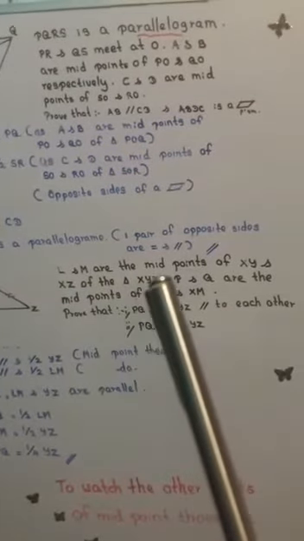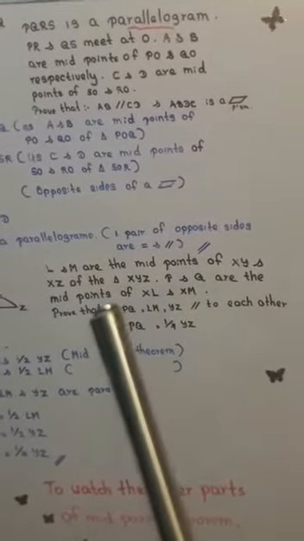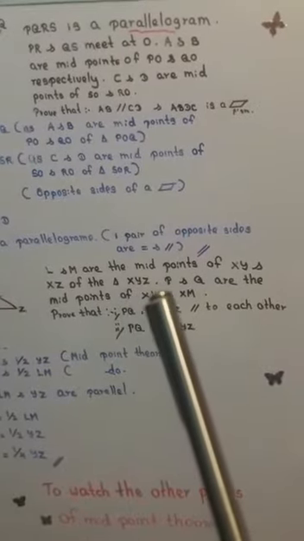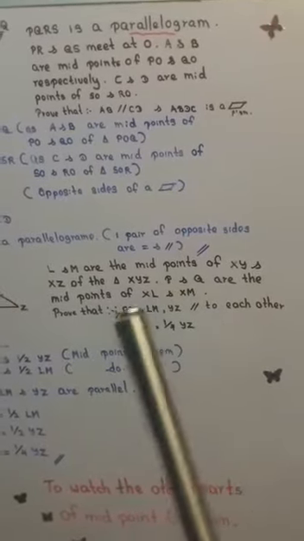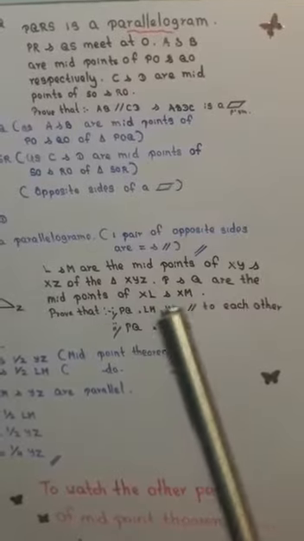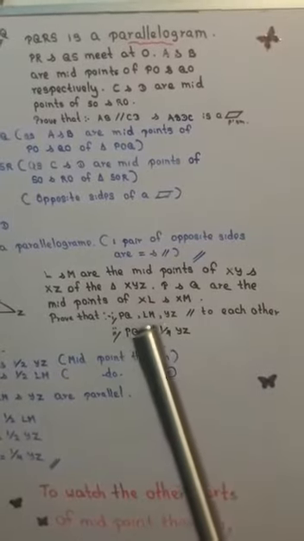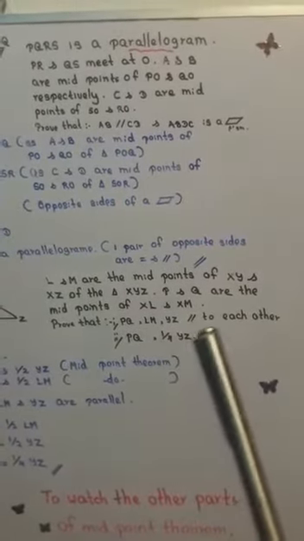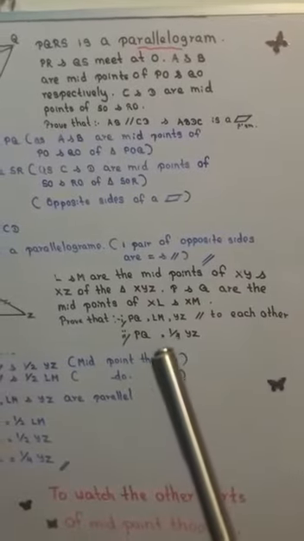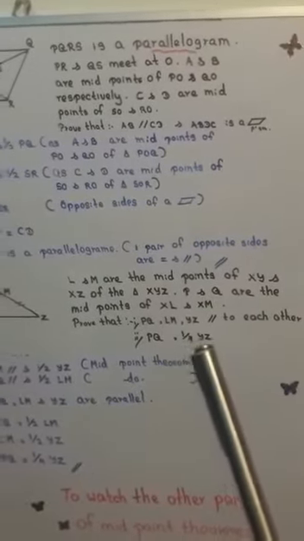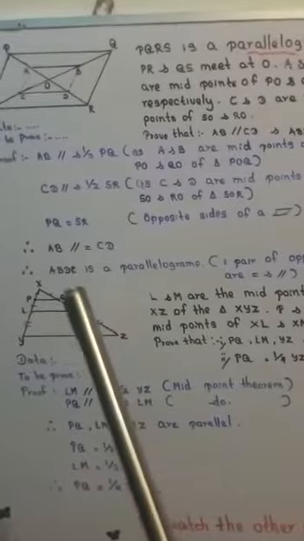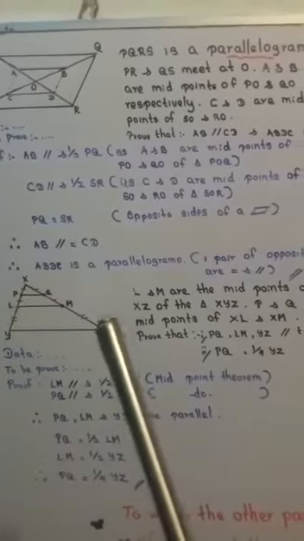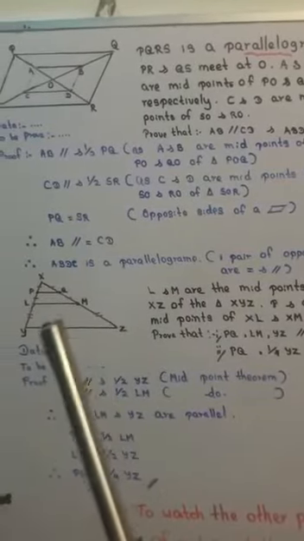Fourth one, L and M are midpoints of XY and XZ of the triangle XYZ. P and Q are the midpoints of XL and XM. Prove that PQ, LM, YZ are parallel to each other. Second, PQ equals 1/4 of YZ. Look at this triangle XYZ.